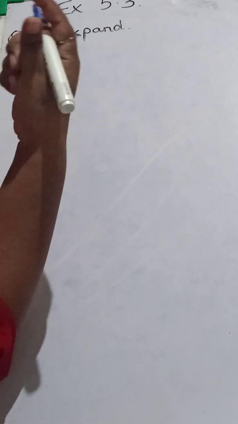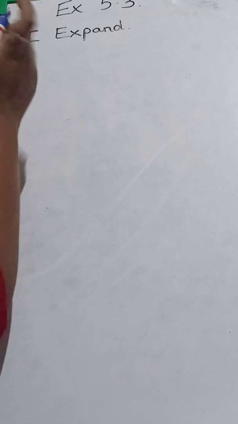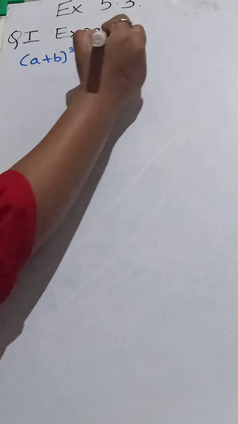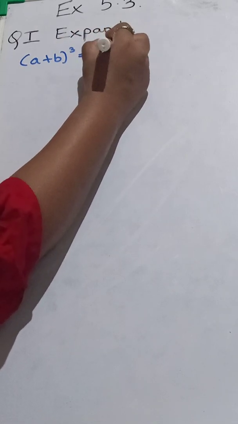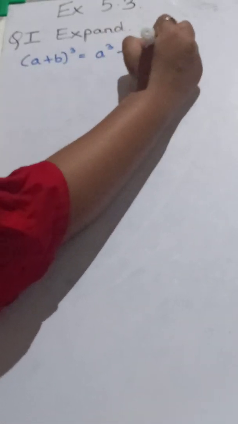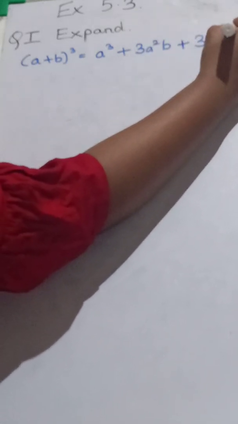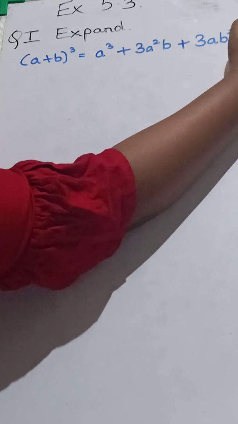You all remember in 5.2 we had done the sum where we had a bracket. In the bracket we had the values of a and b, and the whole cube, and it was addition there. So the formula that we used during that time was (a plus b) cube is equal to a cube plus 3a square b plus 3ab square plus b cube.